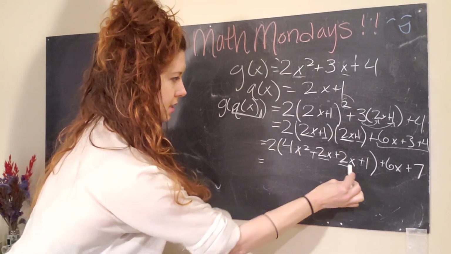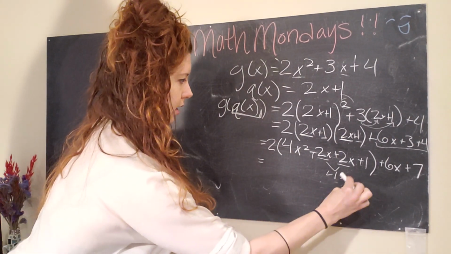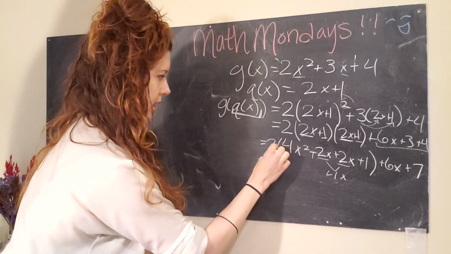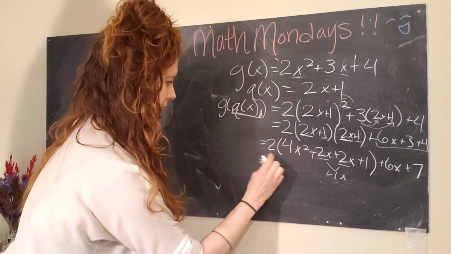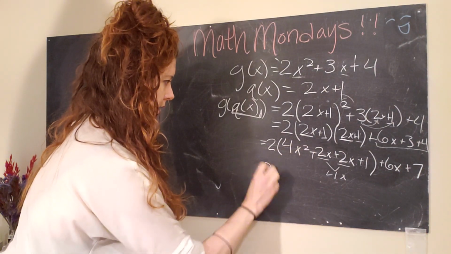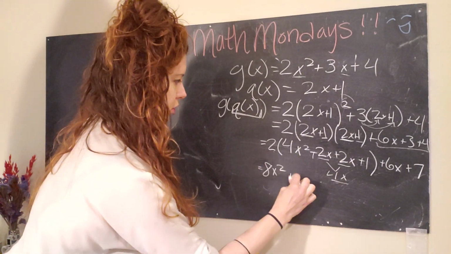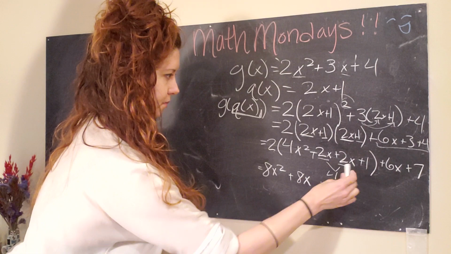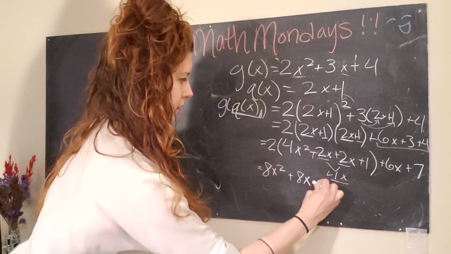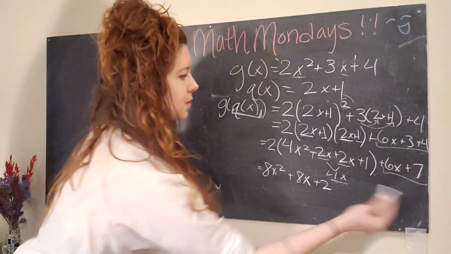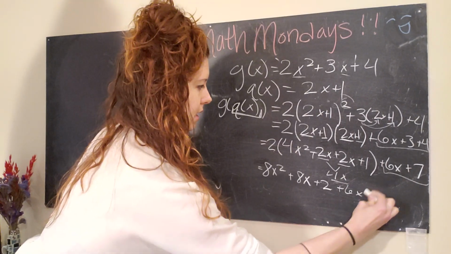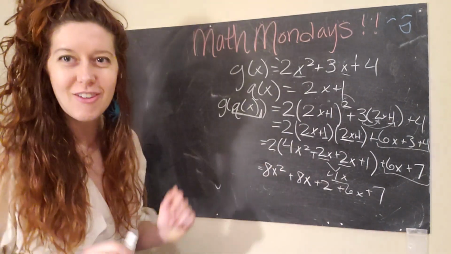But I want you to notice that this is going to give us 4x. So 2 times 4x squared is 8x squared. 4x times 2 is 8x. And 1 times 2 is 2. And then we have these pieces that we bring down, plus 6x plus 7. We're almost done!